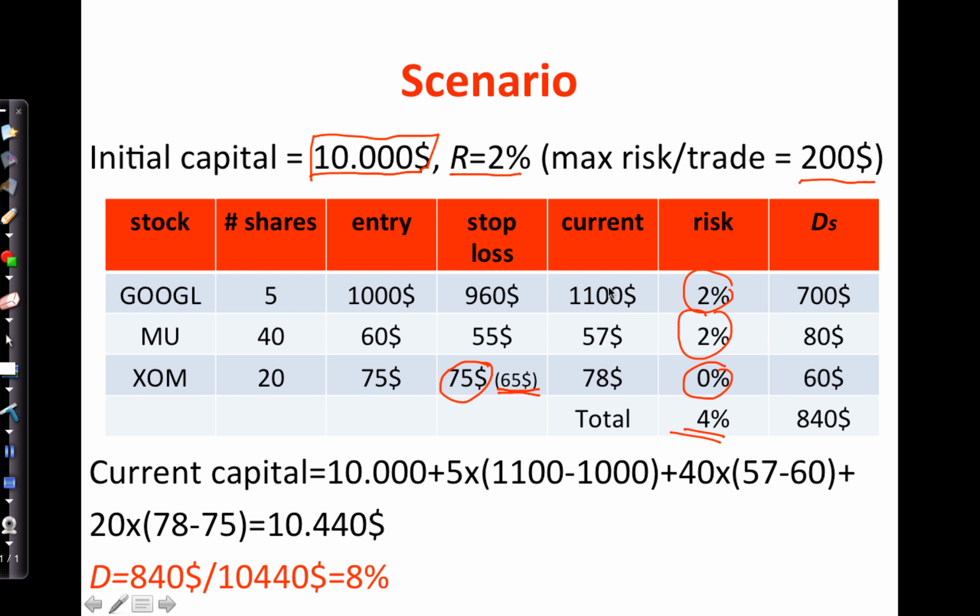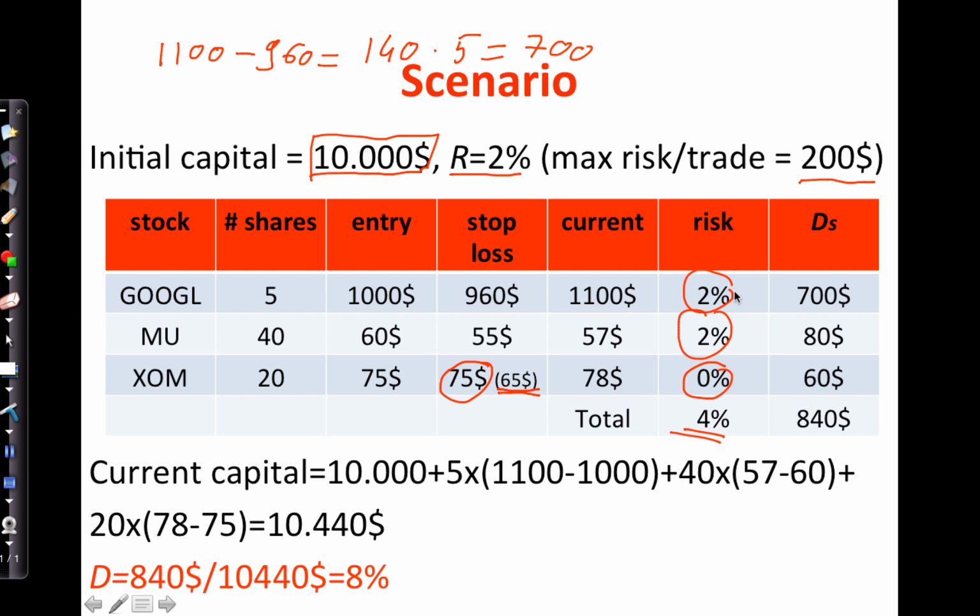Why? Because we have a current price of 1100. The stop loss is 960, right? So it means we have $140 of maximum drawdown for each share, and we have 5 shares, so we have 700.